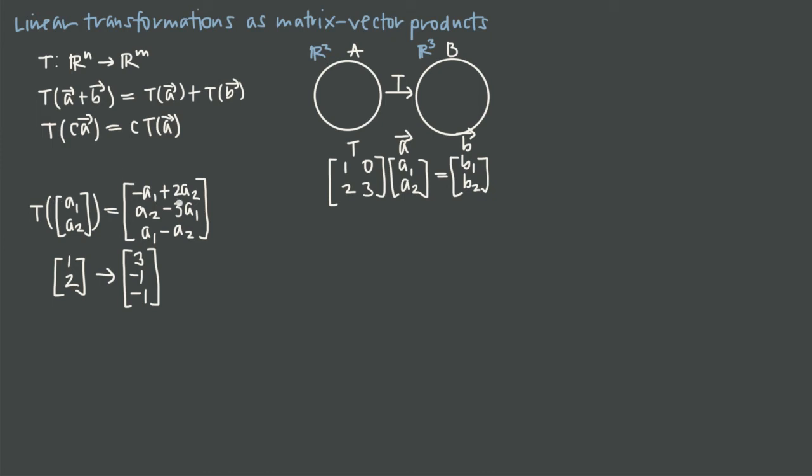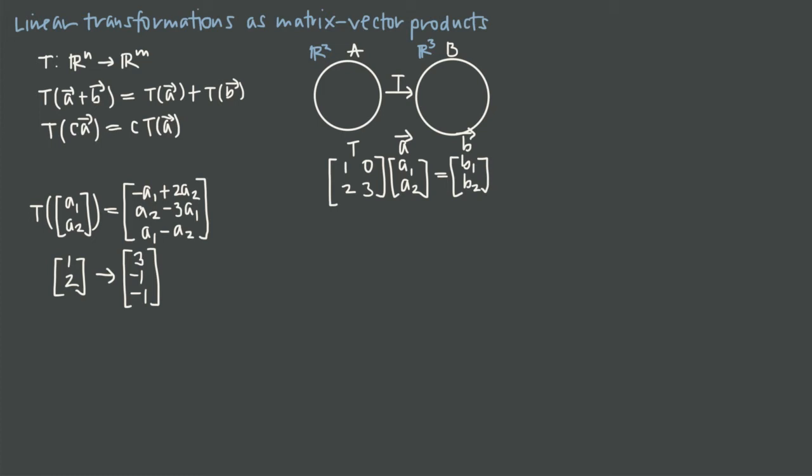So this is giving me the pattern, but what I really want to do is be able to express this as a transformation matrix so that I have a matrix I can use to multiply by any vector in A. In order to get that matrix, all I have to do is look at what the transformation is doing to the standard basis vectors. So in this case, we're transforming from R2 space.